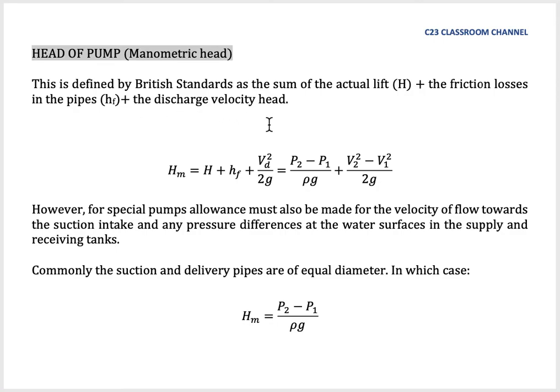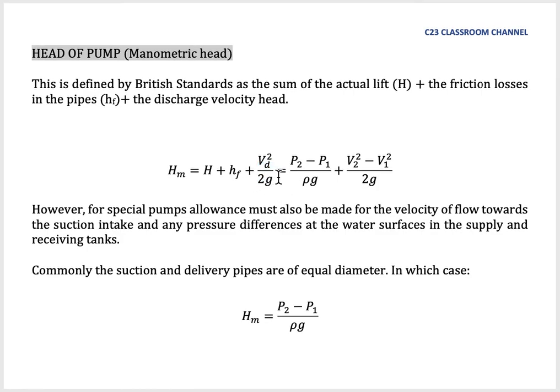So it can be written as HM, the manometric head, is the total of the actual head plus the friction loss in the pipe and the discharge velocity head.